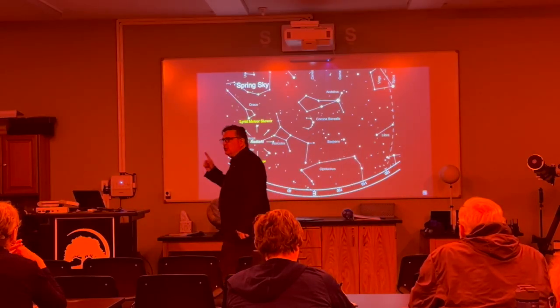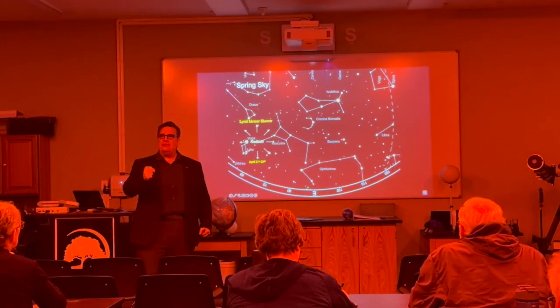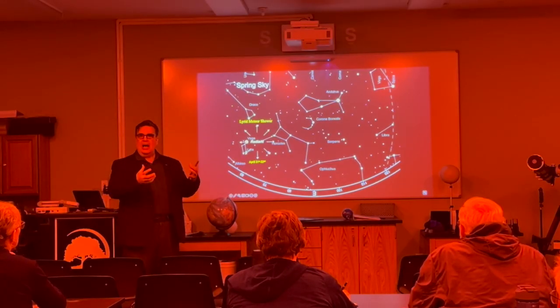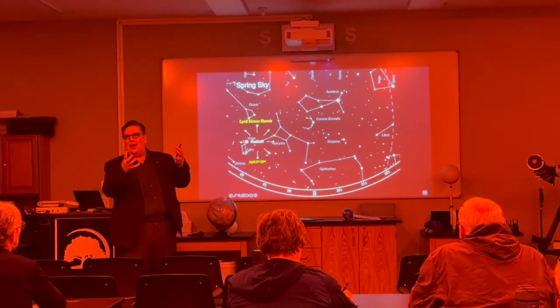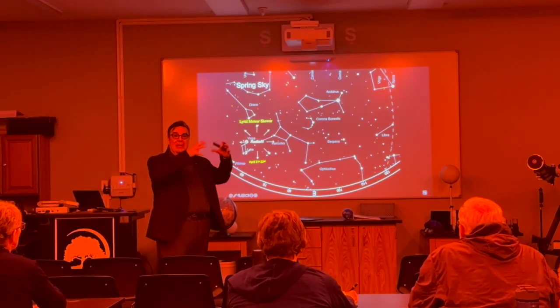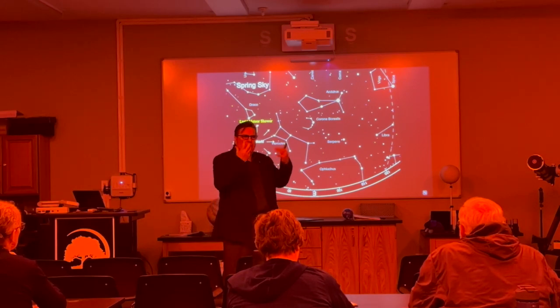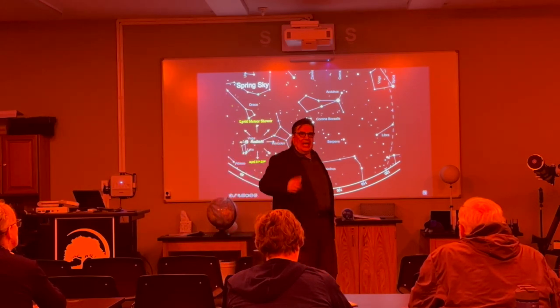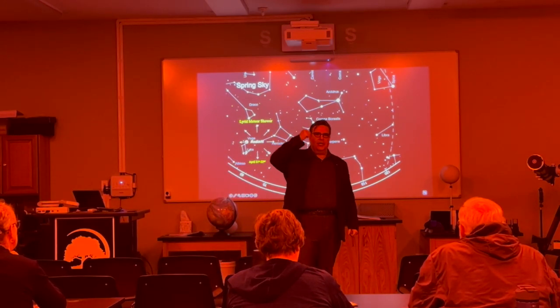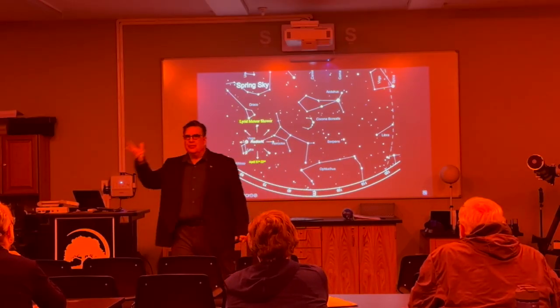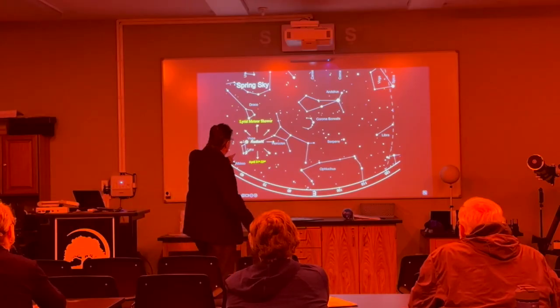A meteor shower is caused when the Earth passes through the debris left over by a comet. A comet is like this big dirty snowball, and as it gets closer to the sun, it melts and it releases all the dust and particulates and pebbles and rocks that are inside of that. And as the Earth smashes through this material, same time every year, we get a meteor shower, the same time and from the same general area.